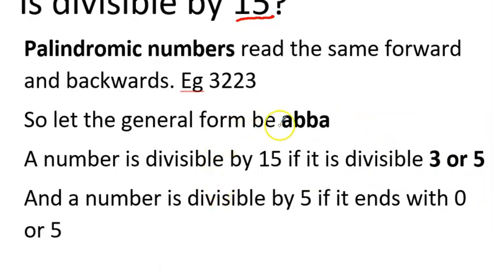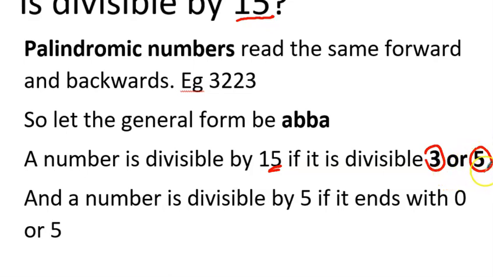A number is divisible by 15 if it is divisible by 3 and 5. So we will look at the divisibility rule for 3 and then 5.